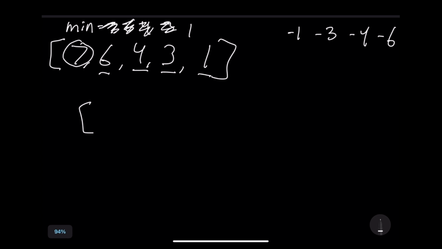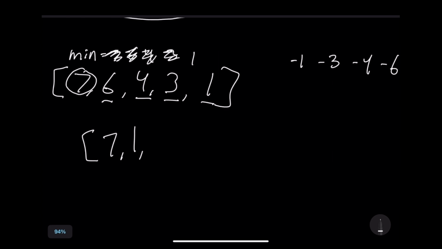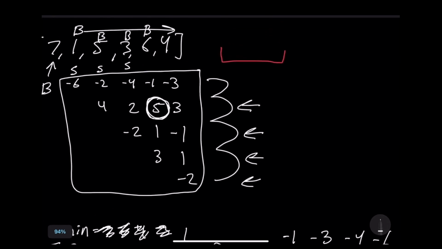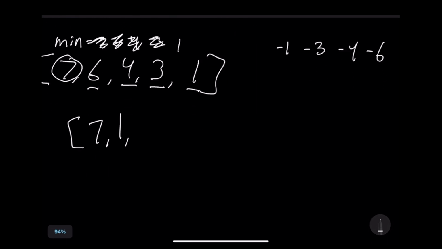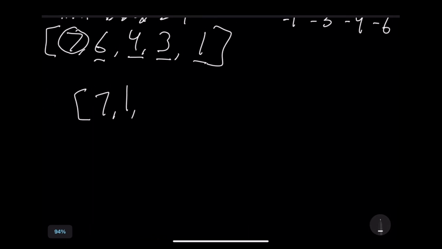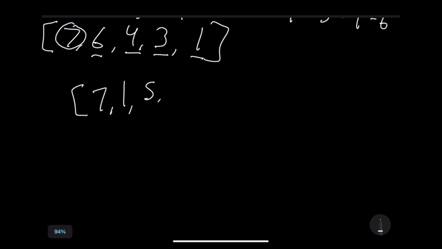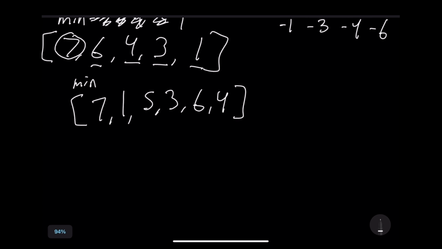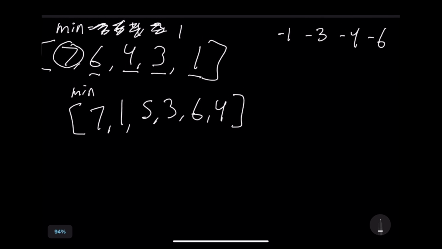That's an interesting idea, because then back to our other example, what was it exactly? 7, 1, 5, 3, 6, 4. In this case, our min is 7.